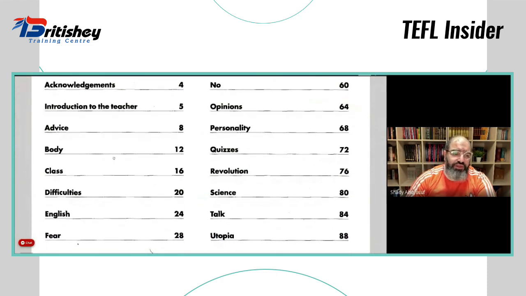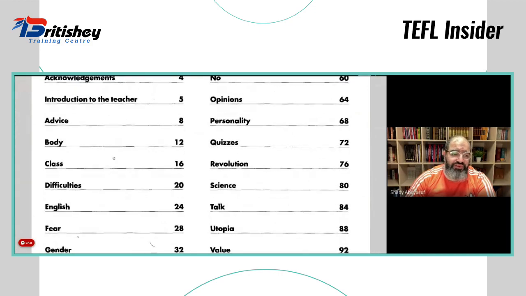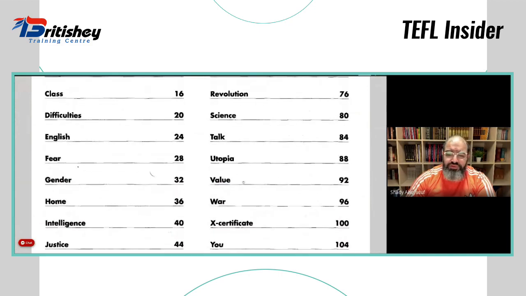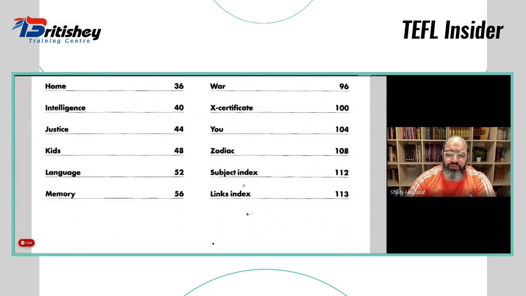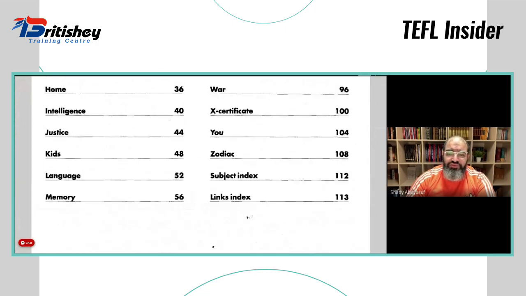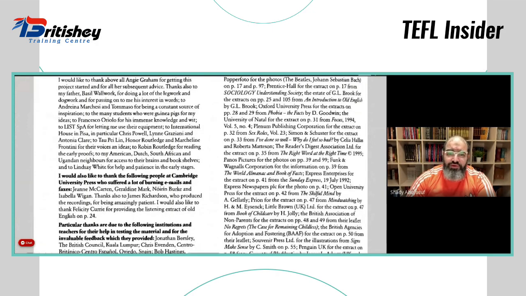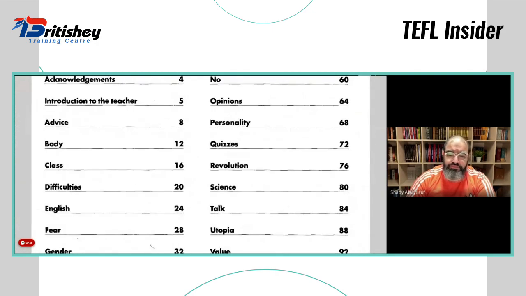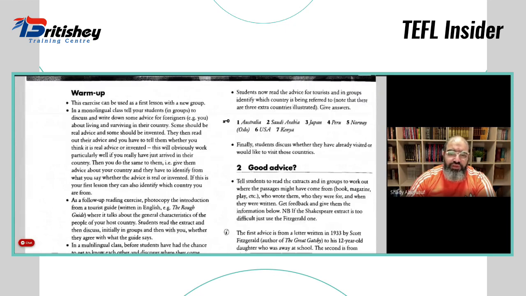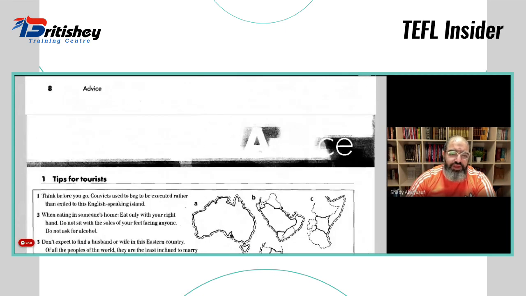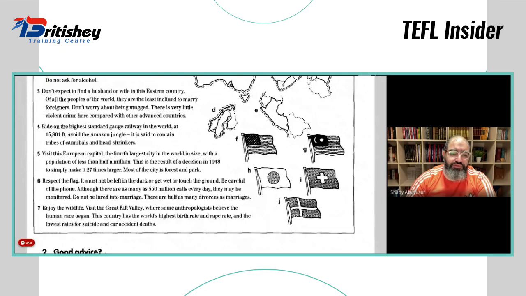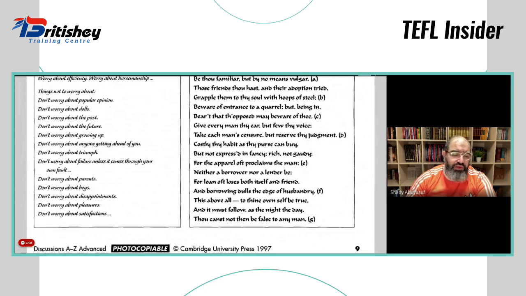And look at this. We've got here lots of topics: advice, body, class, difficulties. And then you focus on the topic, okay, that would help you with your assignment. And you go there, okay? So in this course book, we have kind of how you teach the activity, and then the handouts also that you need to give to people, right, doing the activity.